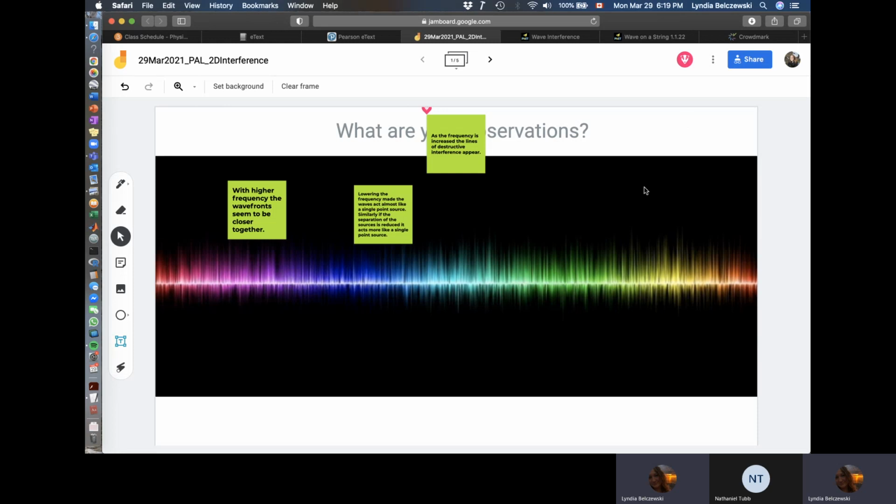So one observation that you made was with higher frequency, the wave fronts seem to be closer together. Absolutely, they do.